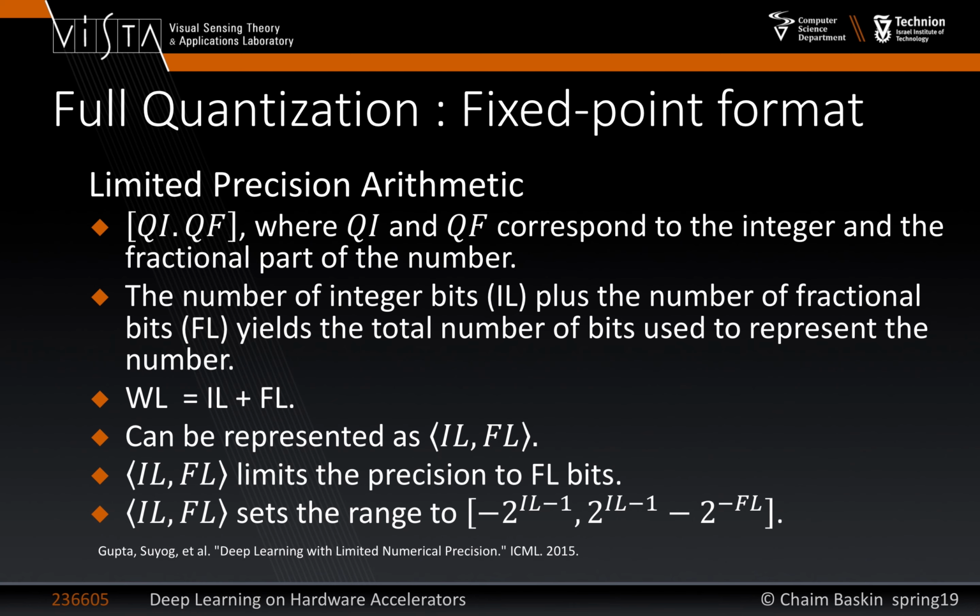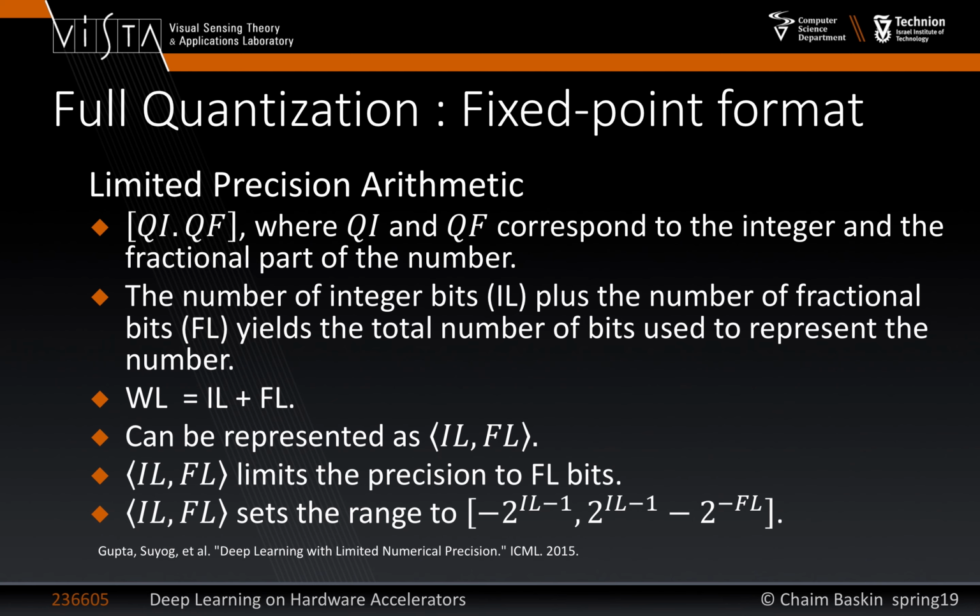Okay, so in the first part, I talked about how to reduce the computation using pruning algorithms, and I presented a few basic works that have been done in this field. Now we will talk about the other way to reduce the computational complexity, which is by quantizing your parameters.